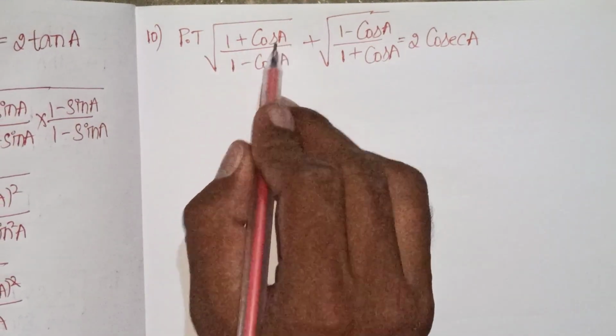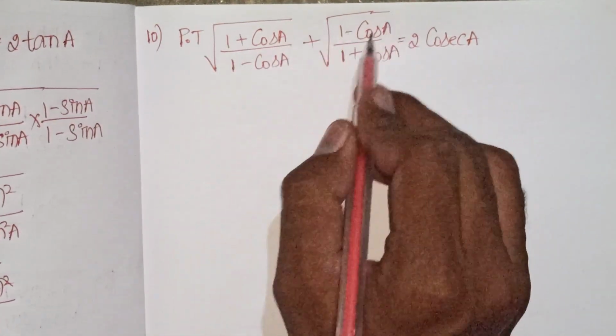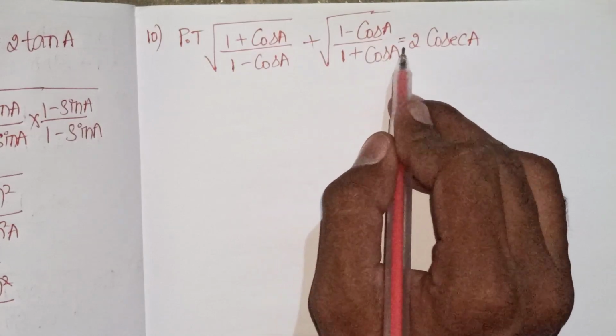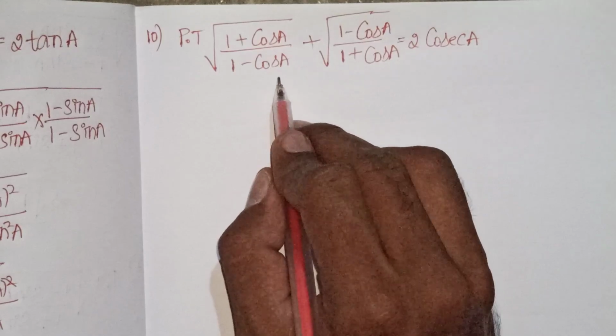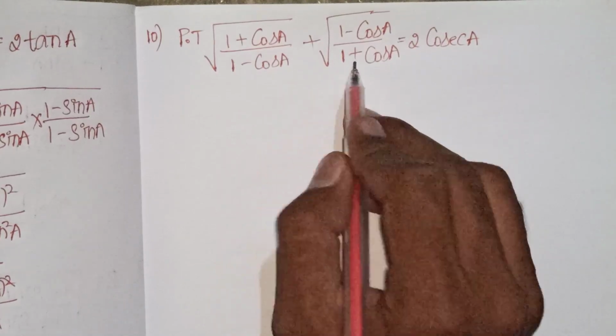Under root 1 plus cos A by 1 minus cos A plus under root 1 minus cos A by 1 plus cos A will be equal to 2 cosecant A. It is similar to the previous problem. So let us rationalize the denominator for the LHS.